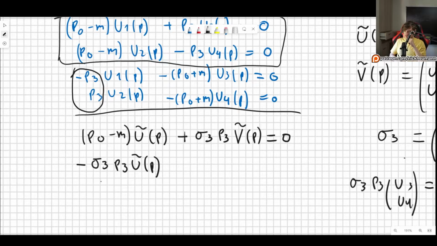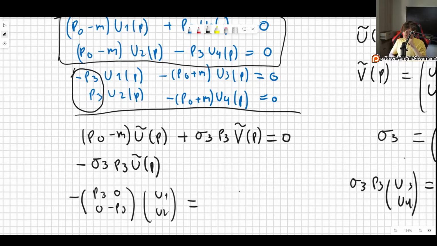If you multiply this explicitly, we have minus 1, 0, 0, minus 1 times p3. Well, I guess we can just write the p3 in there right away. So this is p3, 0, 0, minus p3 times u1, u2. So this would give us minus p3 u1, and then down here we would get plus p3 u2, which is exactly what we have up there.